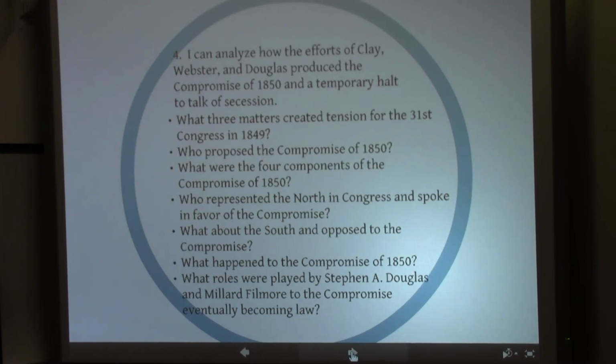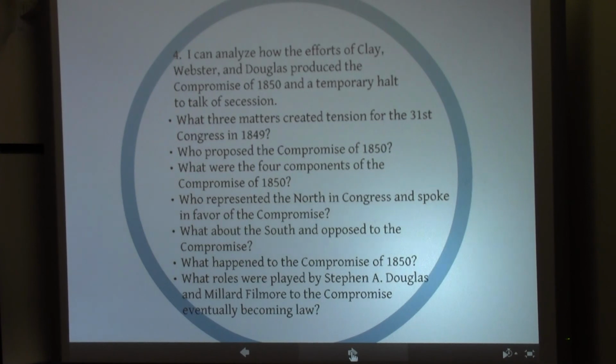So Congress debated this compromise, the Compromise of 1850, for months. The North was represented by Daniel Webster of Massachusetts, and they supported the plan. The South, represented by John C. Calhoun of South Carolina, opposed the compromise, and the compromise failed to pass.